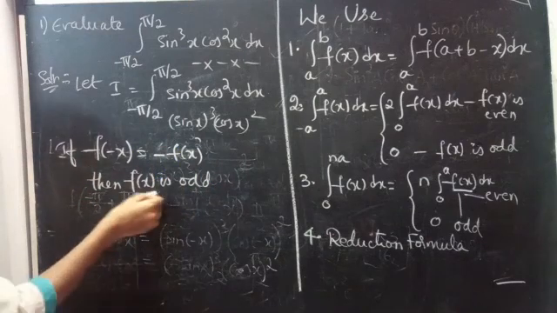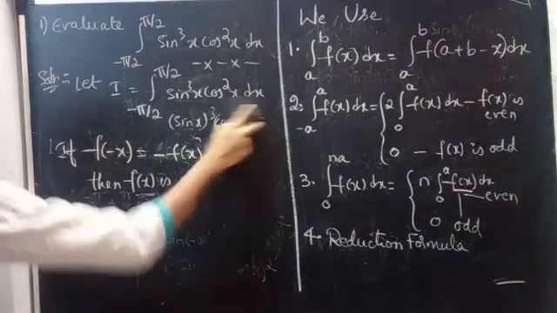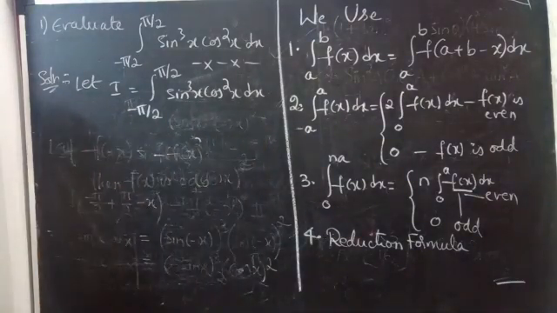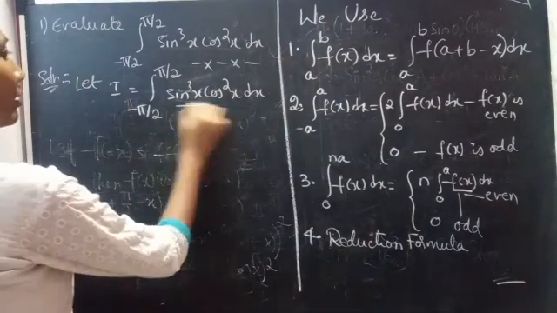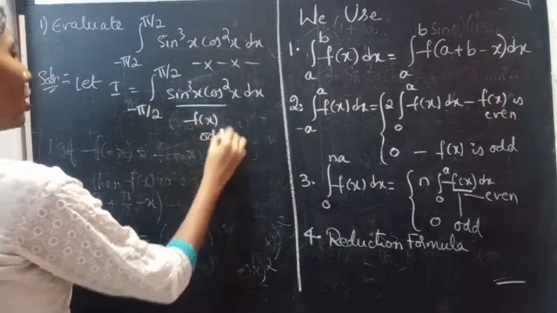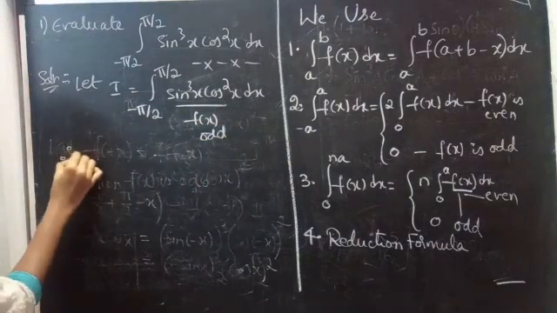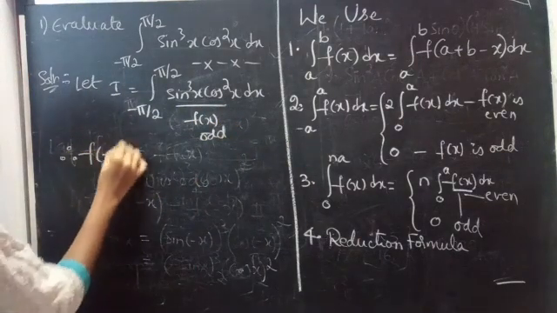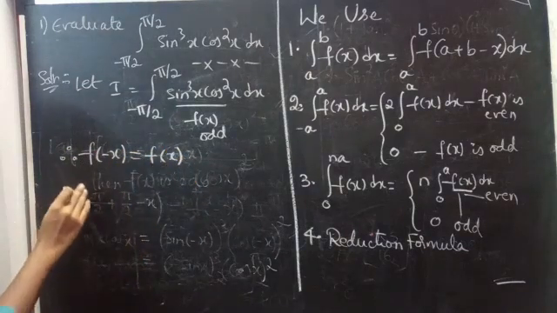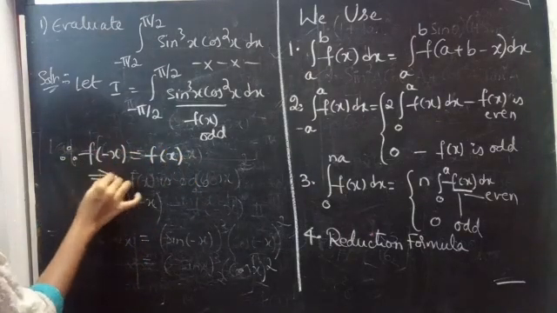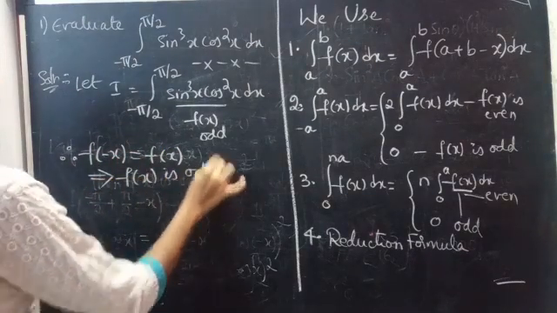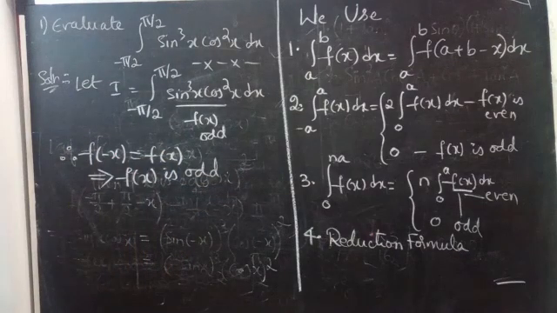So we can consider f of x is odd. Good. So now what we have to do?